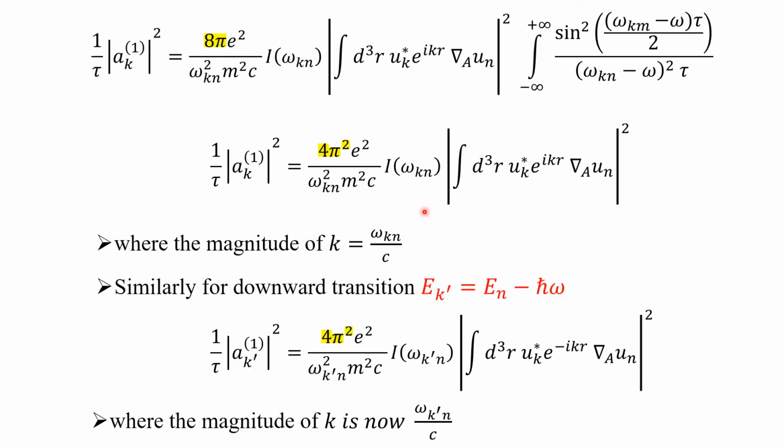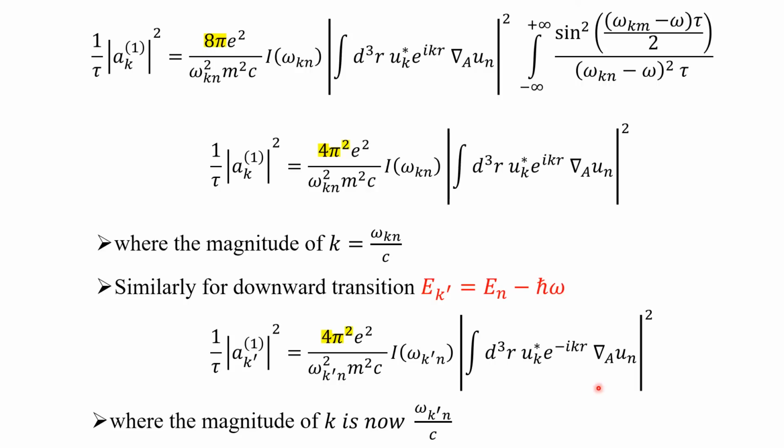So this is for the upward transition. Similarly, for the downward transition, in order to differentiate it, I am replacing k by k prime. That's all, it's a matter of notation. So Ek prime is equal to En minus h cross omega.